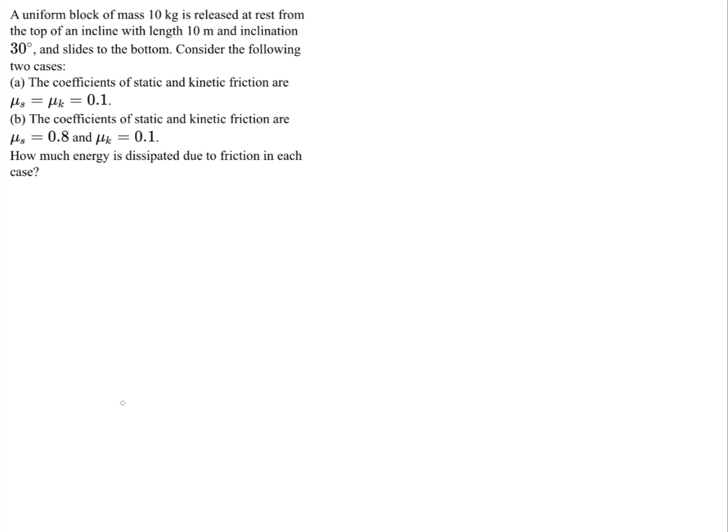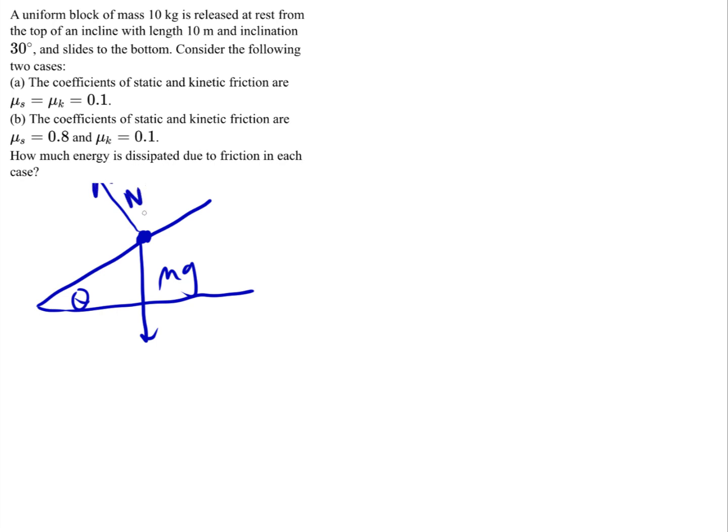So I'm going to start by drawing a free body diagram for this. Here we have the incline. Here's our block, and this angle is 30 degrees, or theta. Down we have the force of gravity, mg. We have the normal force pointing up that opposes the block sinking into the incline.